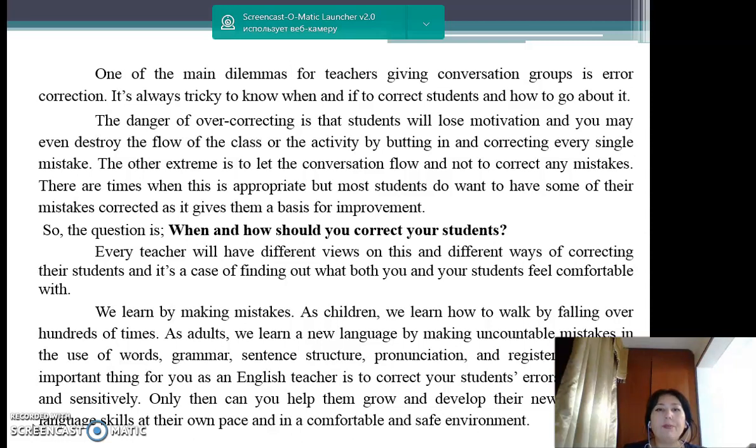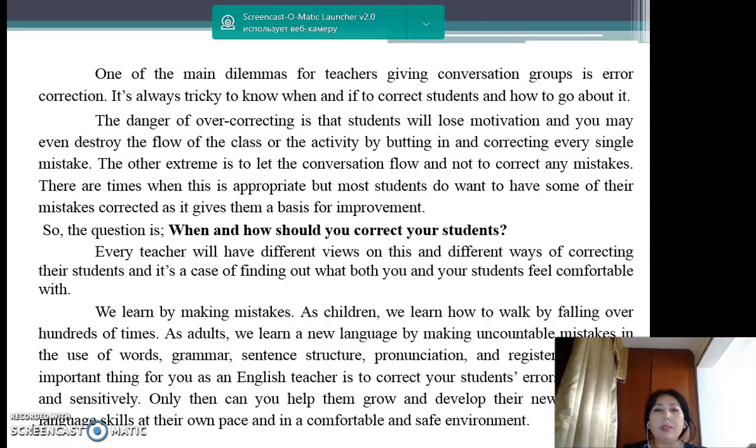Every teacher will have different views on this and different ways of correcting their students, and it's a case of finding out what both you and your students feel comfortable with. We learn by making mistakes. As children, we learn how to walk by falling over hundreds of times.